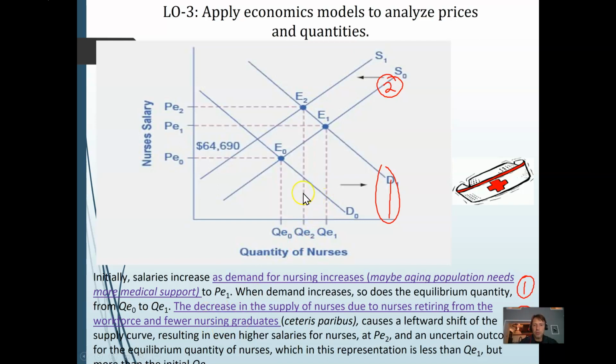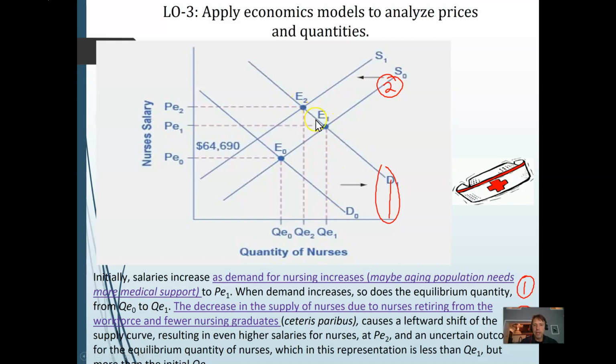You see that when you do the first movement, we increase both the quantity of nurses and what they get paid. The second movement, which is supply moving to the left, so demand moved to the right, always an increase if something moves to the right. Supply moved to the left, that's a decrease in the supply, and we've talked about why that might have happened.